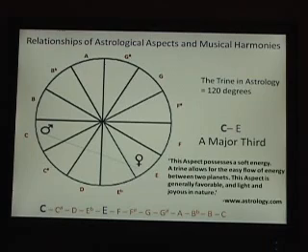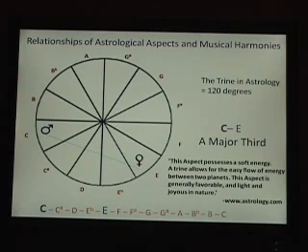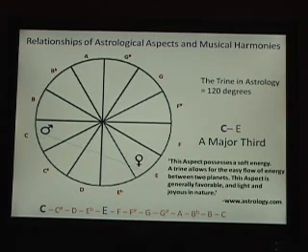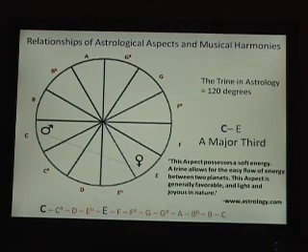A trine allows for the easy flow of energy between planets. This aspect is generally favorable and light and joyous in nature, and we could actually hear it. We could hear it in the music that is created by the relationship between those two planets. Let's go on and we'll hear more about such a thing.